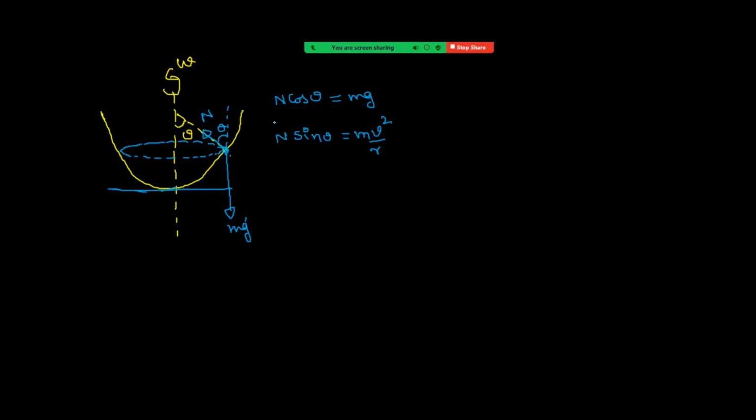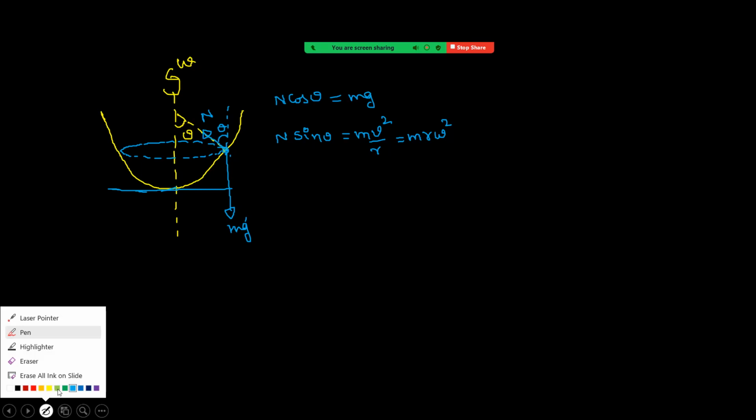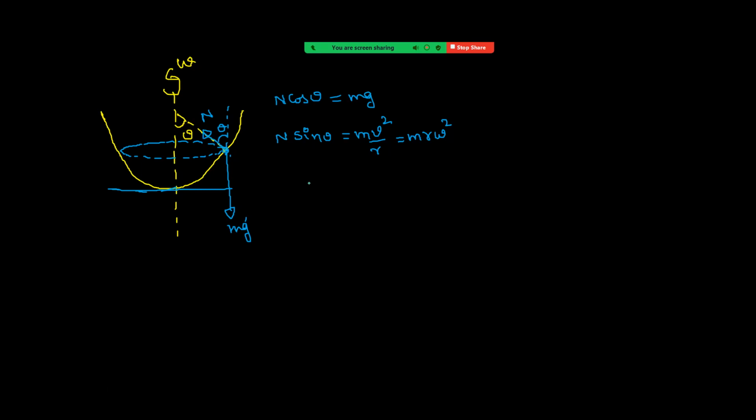But we have to calculate here omega, right? So I'm taking this as m r omega square. Okay, right. So now in this, we require what is theta value. For that, we are given that equation of the y, which is y equal to x square, and coordinates of the ring (2, 2).